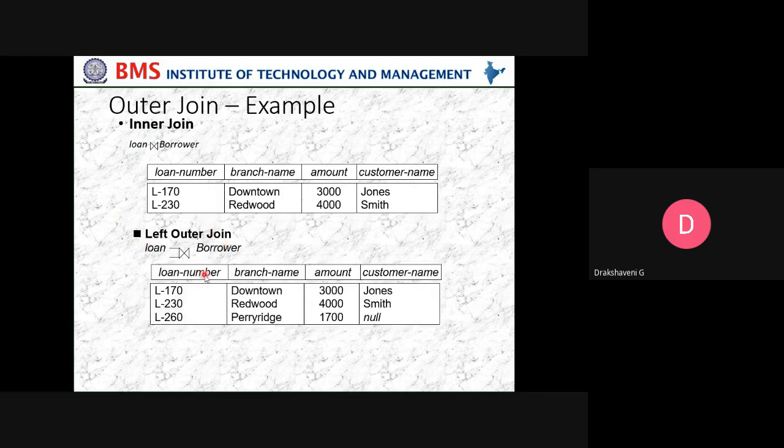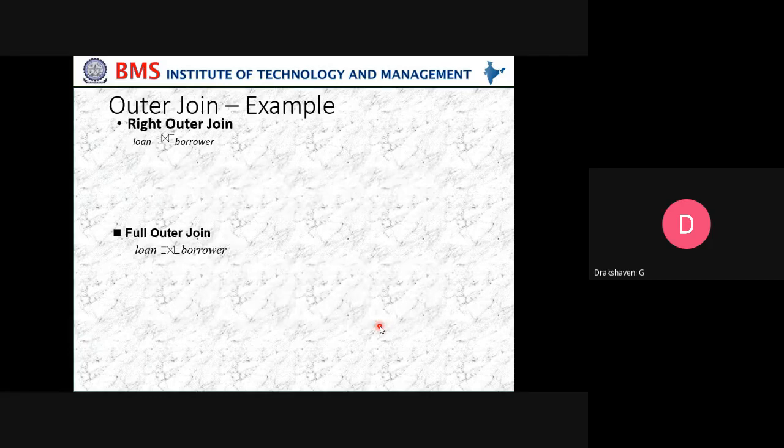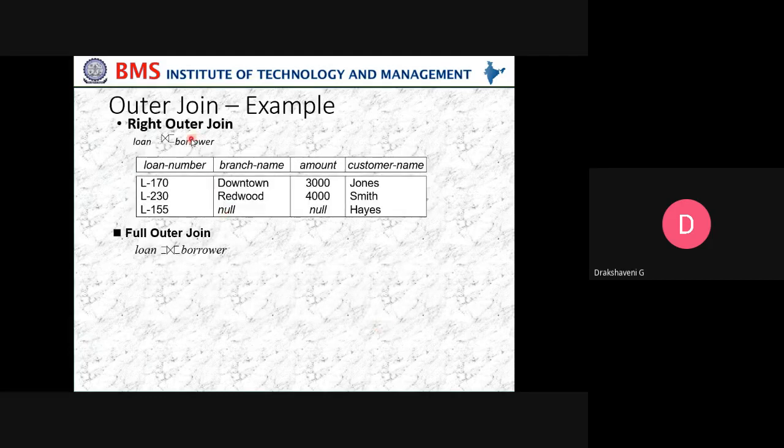Then left outer join, so loan numbers L170, L230, L260, branch names Downtown, Redwood, Perryridge, amounts 3,000, 4,000 and 1,700, customers Jones, Smith and null. That is the inner join and left outer join. Then right outer join, in which all the rows present in borrower should be included.